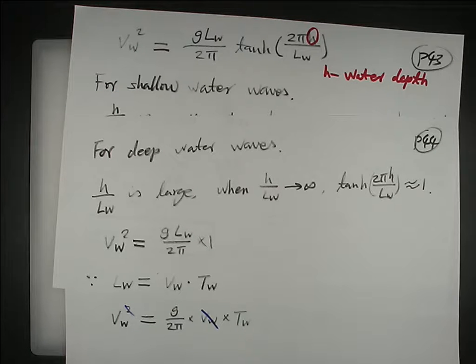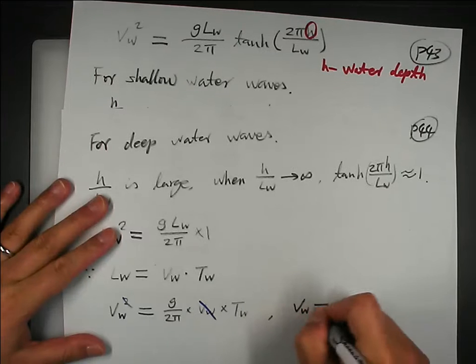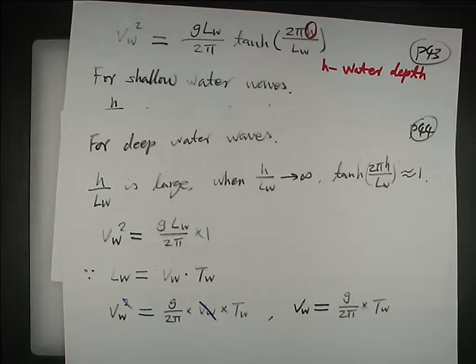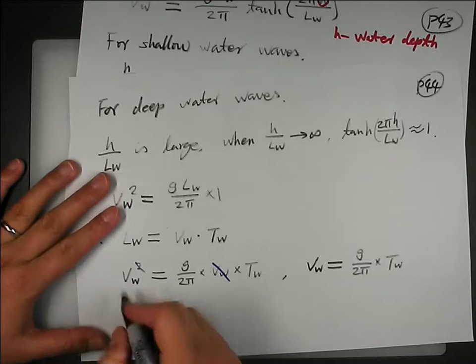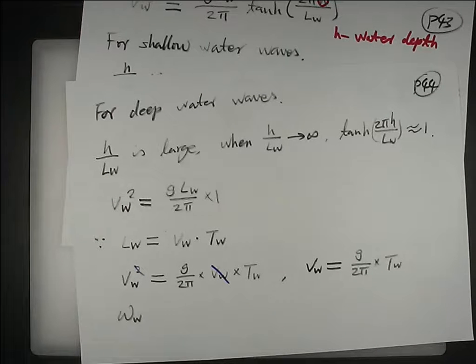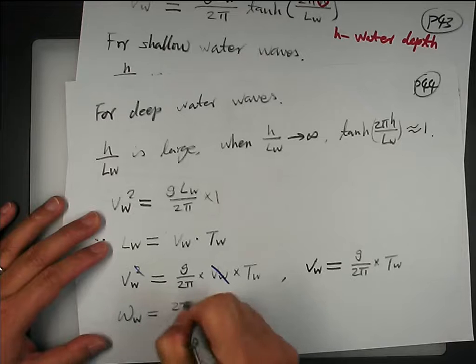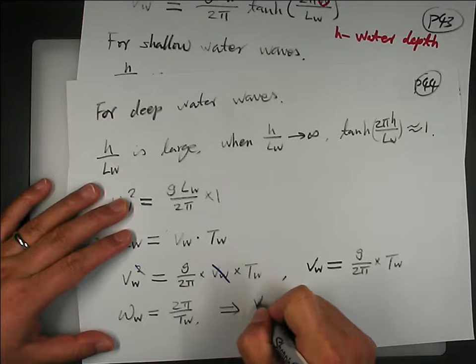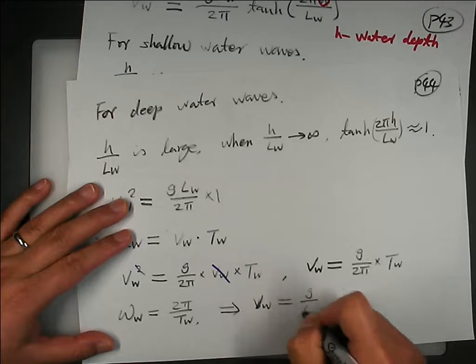Then we got V W equal to g over 2 pi times T W. Then we know that the angular speed of the wave, omega W, is equal to 2 pi over T W, right? Then here we got T W over 2 pi, which is the omega W in the denominator. Yeah. So we got V W equal to g over omega W.